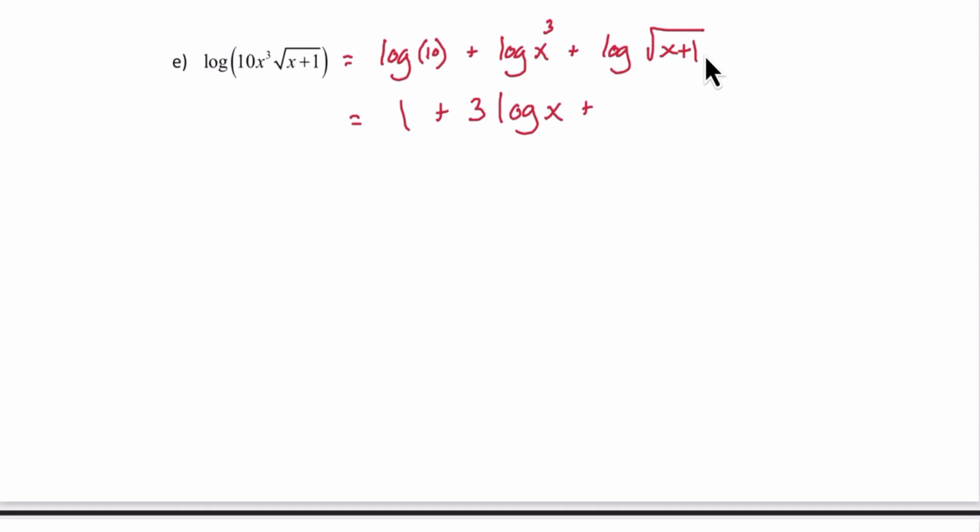We don't see an exponent, but like last time, that's really x plus 1 raised to the 1/2 power. So there's an exponent of 1/2, we just don't see it. We can bring that 1/2 down in front of the log, and then just make sure we put the argument in parentheses since it has more than one term. And now we've fully expanded this log.